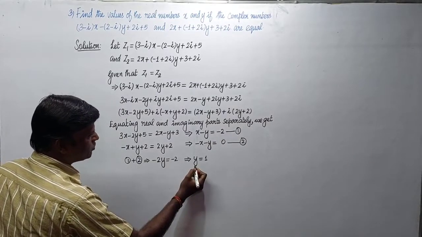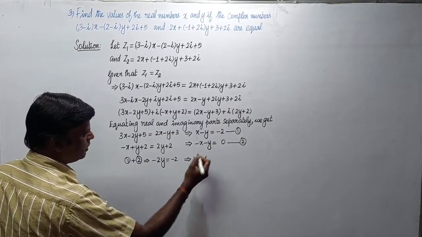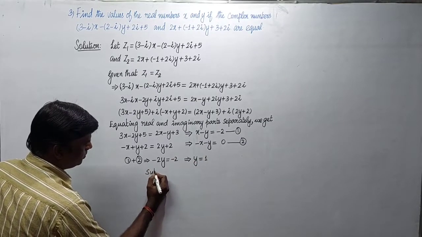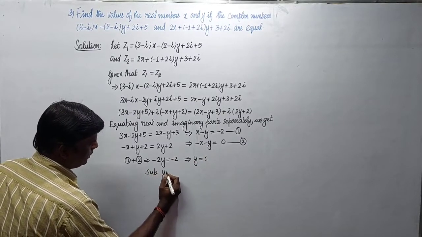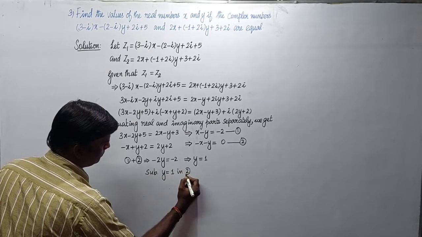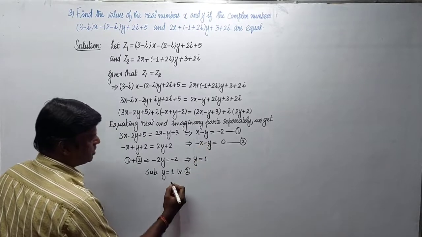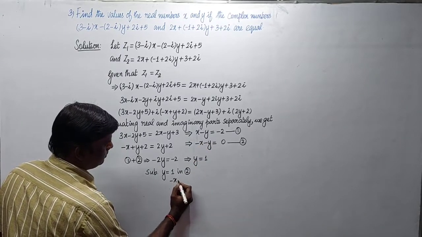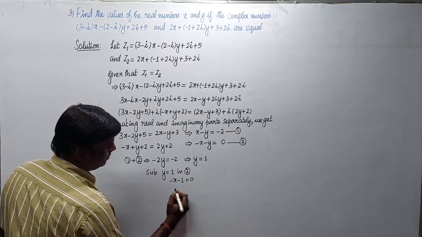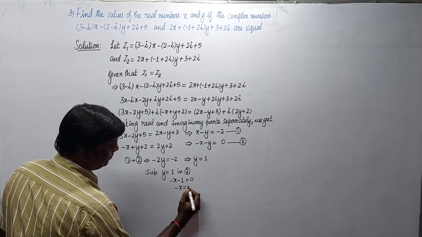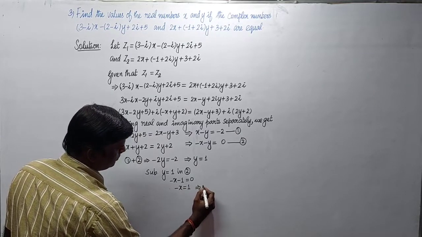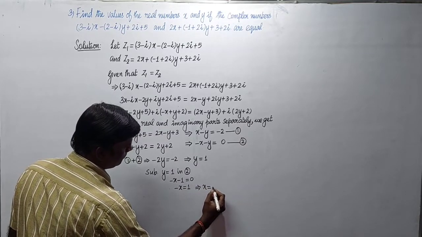So now I am going to substitute y is equal to 1 in the second equation. We get minus x minus 1 equal to 0, minus x is equal to 1, that is we get x is equal to minus 1.